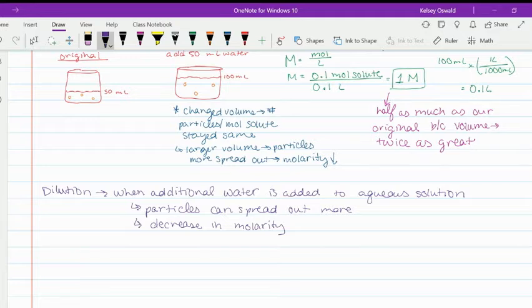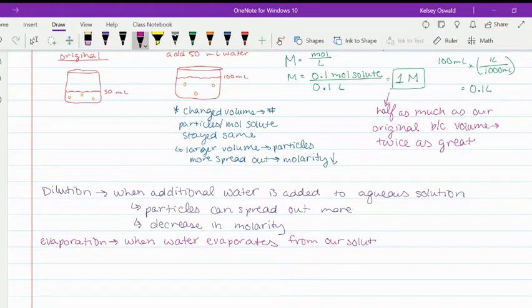The opposite of dilution is when we have evaporation. This is similar to dilution in that our number of moles stays the same, but when water evaporates from our solution, that is going to cause our volume to decrease. So our particles are going to have less room to move.